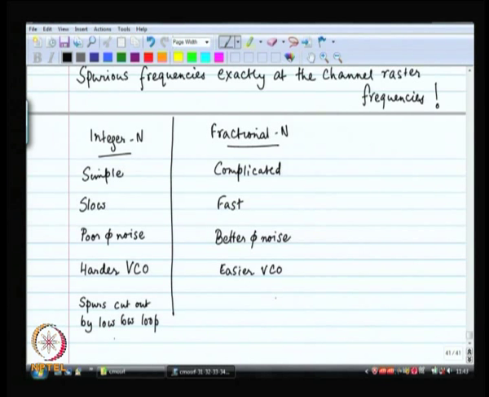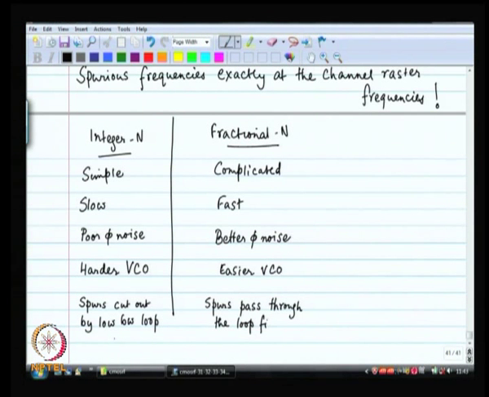So, for the integer n, the spurs are cut out by the low bandwidth loop, whereas for the fractional n synthesis technique, the spurs pass through the filter, through the loop. Right. Now, these spurs happen to be precisely at the channel raster frequencies, which is very annoying to the base station.